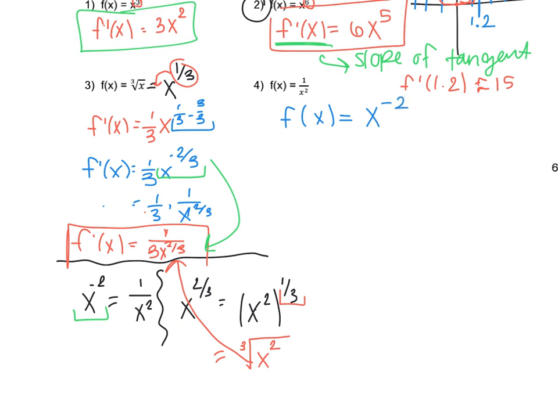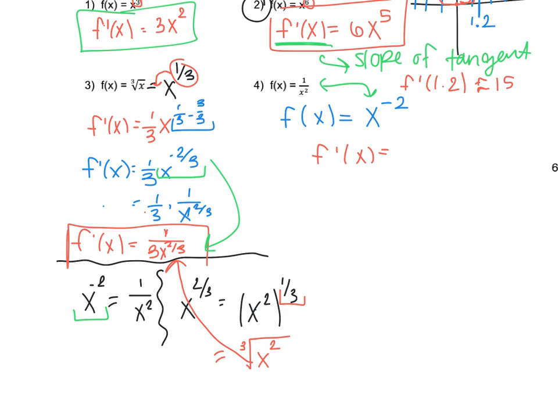You need to be really comfortable going back and forth between positive exponents in the denominator of a fraction and negative exponents. So rewrite it and then complete the derivative using the power rule.